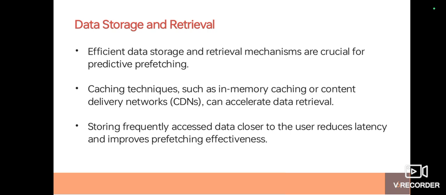So there are two types of caching techniques used: in-memory cache and content delivery networks. In an in-memory cache, the data is already present in memory. With content delivery networks, we get the data only when we need it, that is CDN. Storing frequently accessed data closer to the user reduces latency and improves prefetching effectiveness. So the main use of predictive prefetching is that it reduces latency.